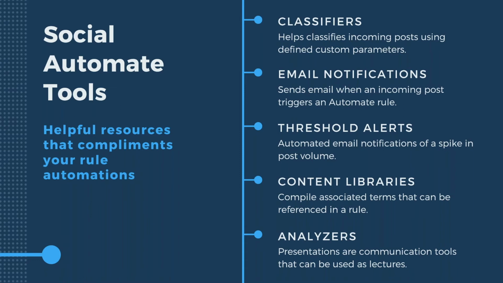And the way you can train Social Studio to identify the context of that particular word is through the tool classifier. Classifiers take a bit of time to set up because you have to train the tool to identify, for example with social, how these three particular meanings of that word can be used.